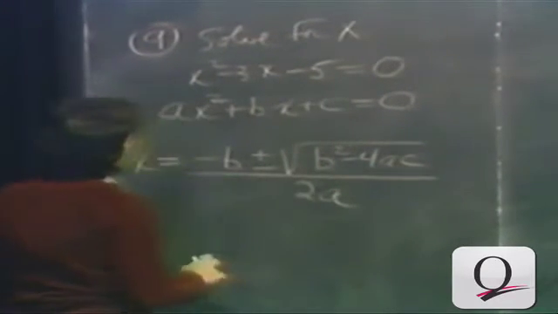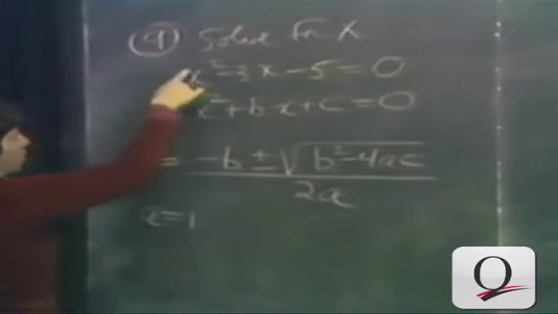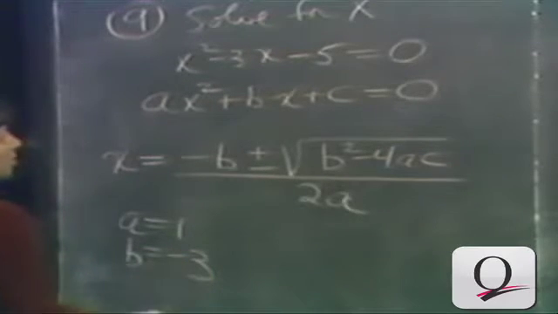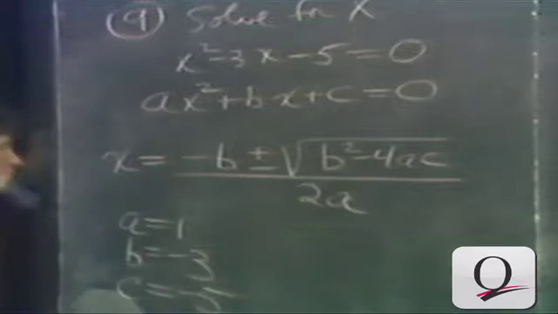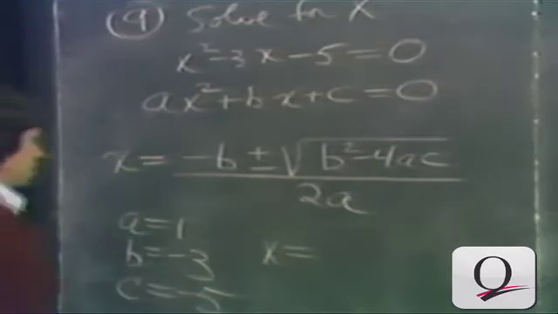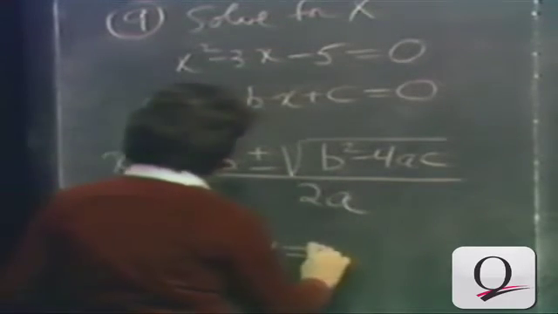Okay, the first thing to do is to figure out what a, b, and c are, and actually write them down. a is the coefficient of x squared, so a is 1 here. b is the coefficient of x, it's minus 3, and c is the constant term, it is minus 5. So x equals minus b. And actually make the substitution directly. Don't simplify on this level.